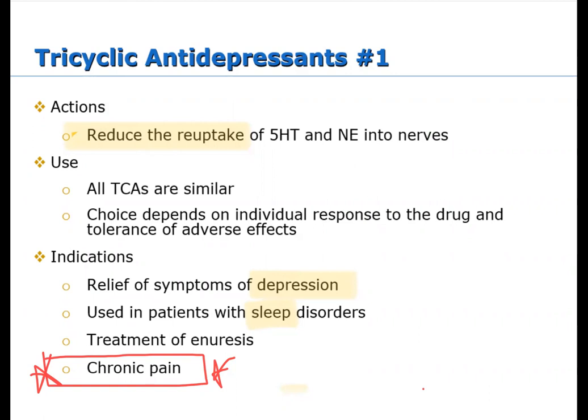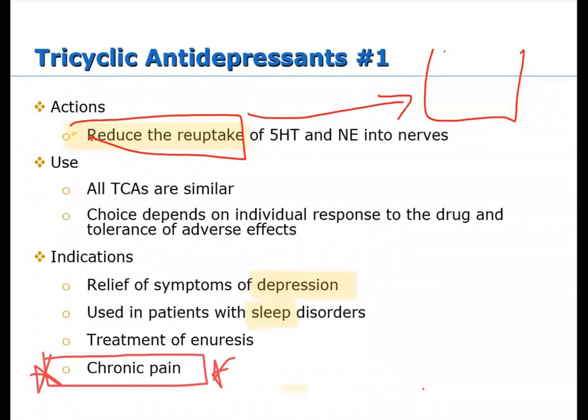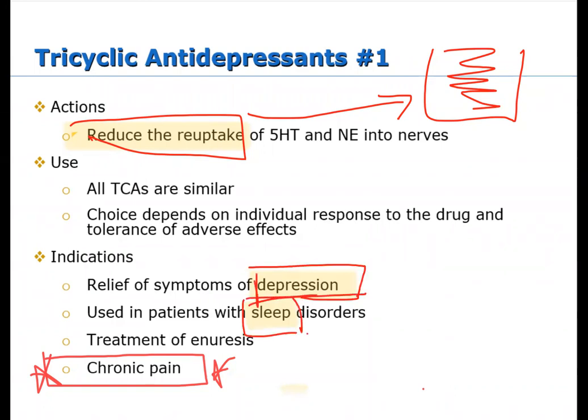Tricyclic antidepressants reduce uptake, right? And when they reduce uptake, they increase that neurotransmitter in the bucket. The other thing is that they're used for depression and for sleep disorders.